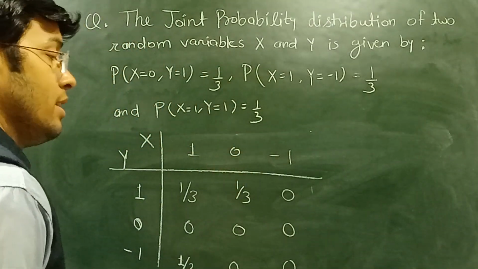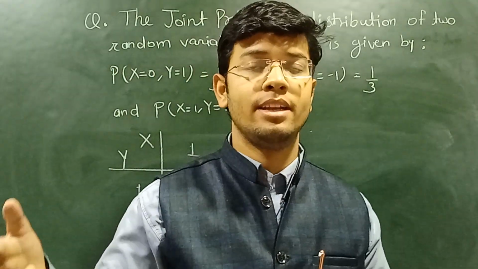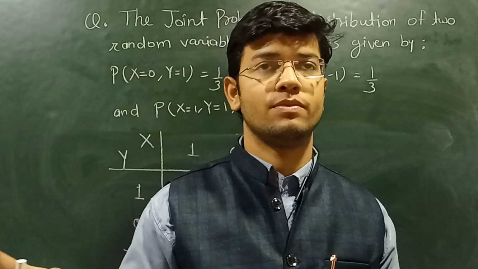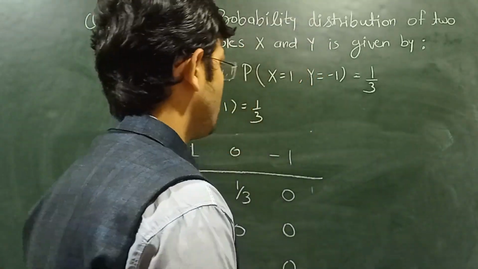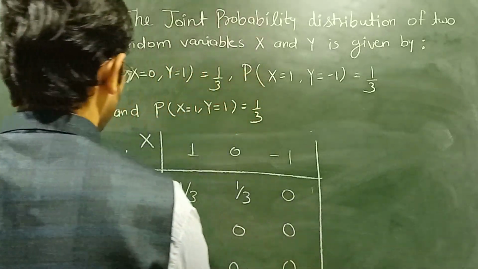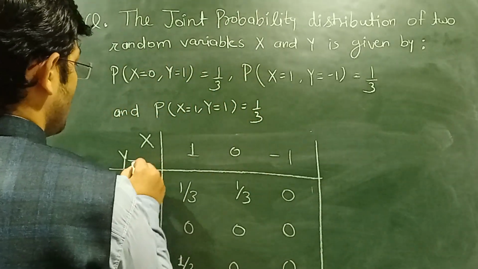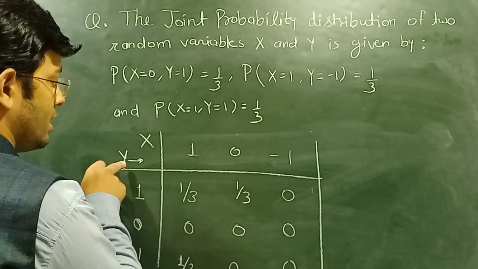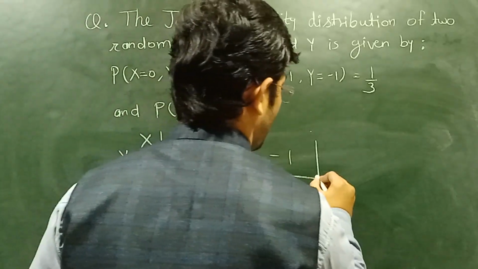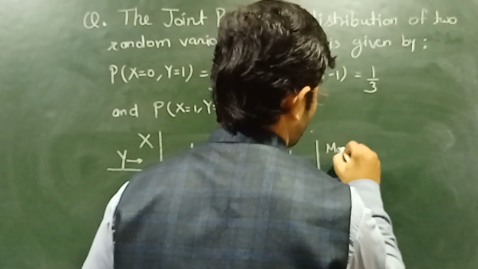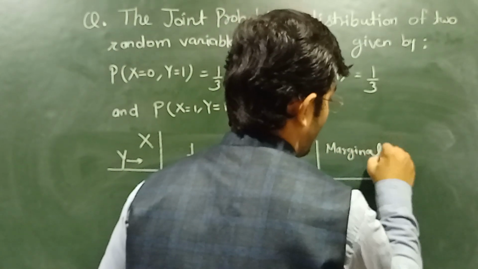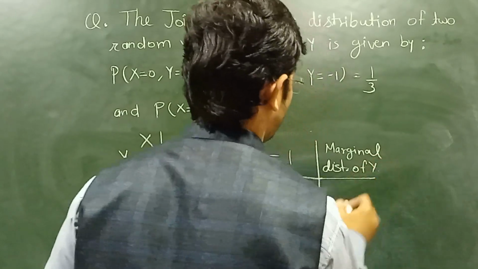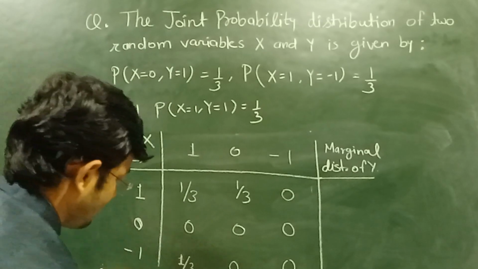Now the first question is to find the marginal density functions, the marginal distribution of x and y. When we calculate the marginal density function of y, we add along this side; this is y and this is x.